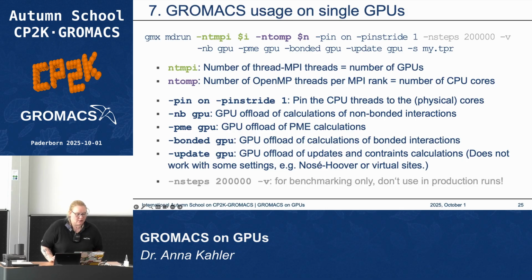What we definitely want to do is pin the CPU threads to the physical cores on the CPU. What I observed when I started working with GROMACS and looked at the performance is that if I omit the pin option, the processes were jumping across the cores. They were sitting on top of each other.